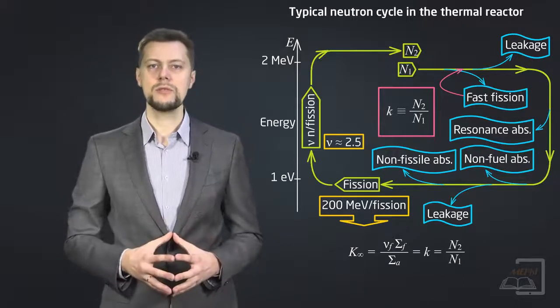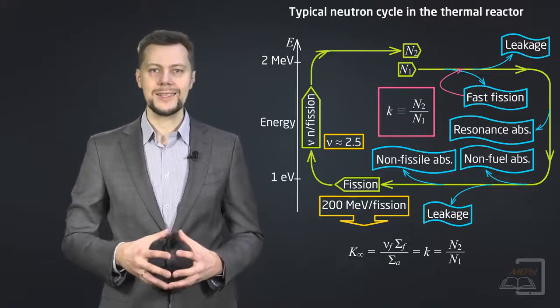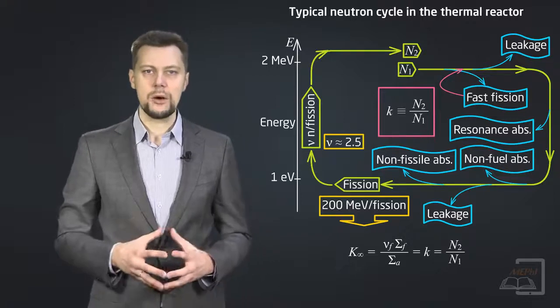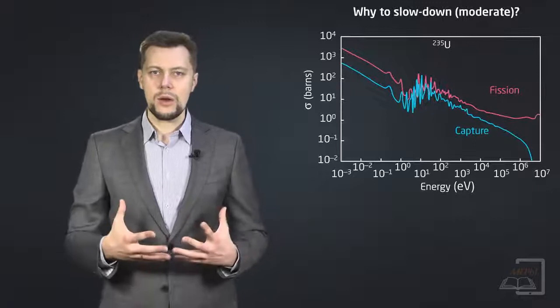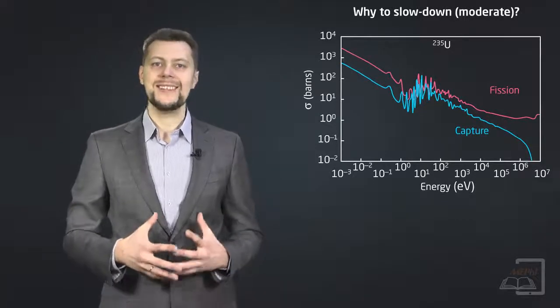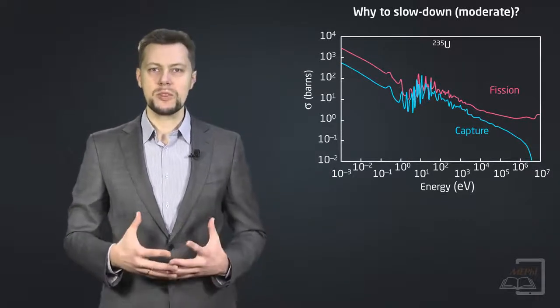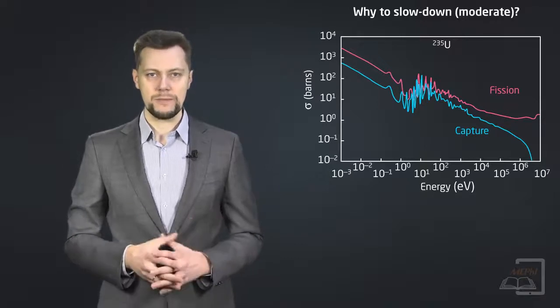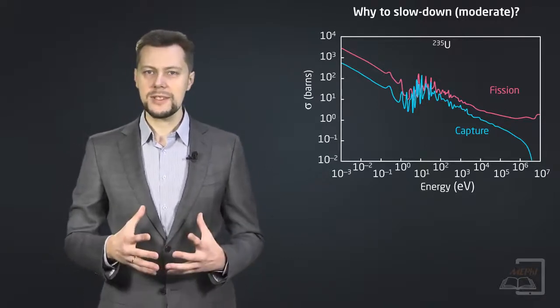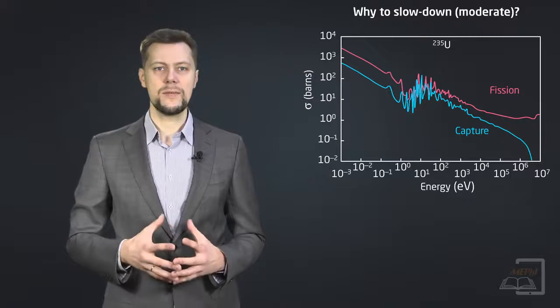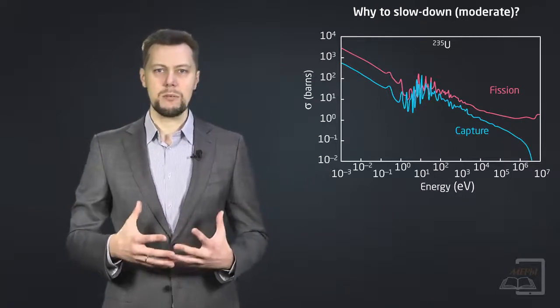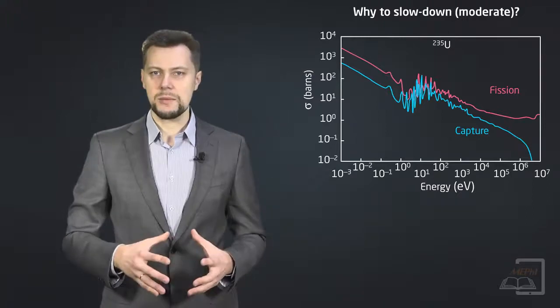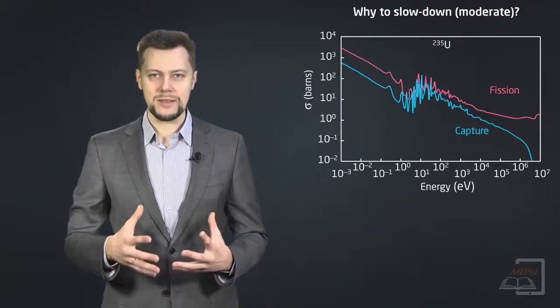Please note that to slow down or not, it's our decision. It's our choice of reactor core design. The reason for slowing down lies in the dependency of the microscopic cross-section of fission. You can see that in the fast energy range, sigma f equals about several barns, but in the thermal range, sigma f equals hundreds of barns.